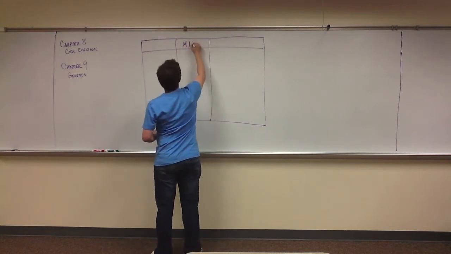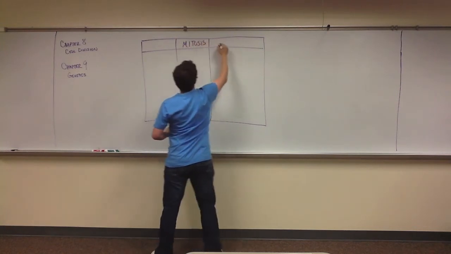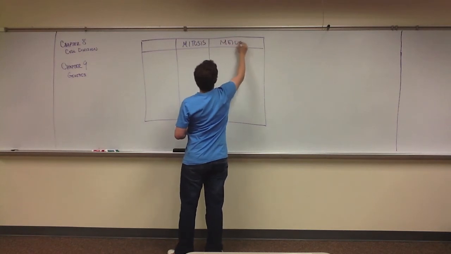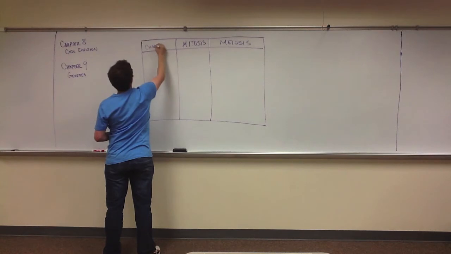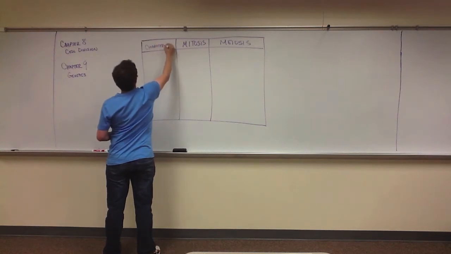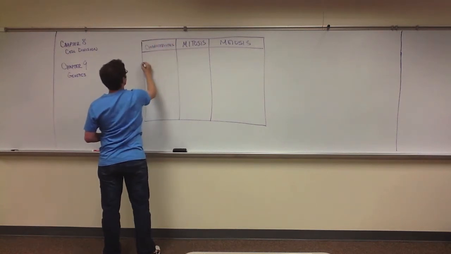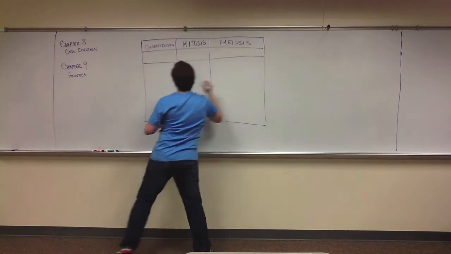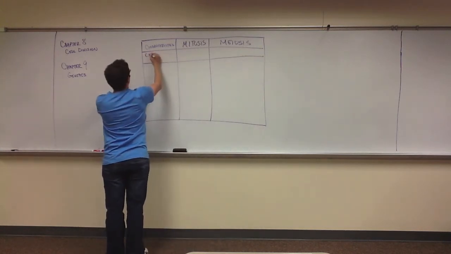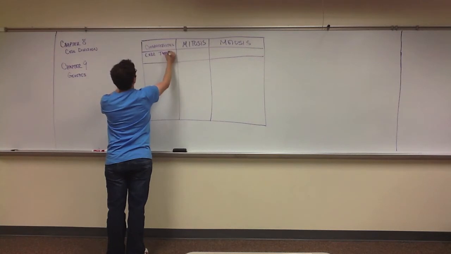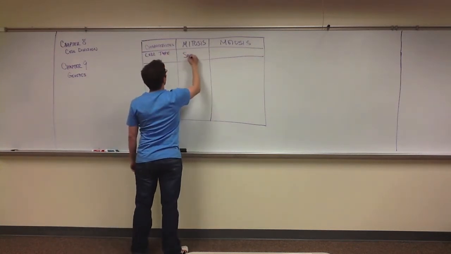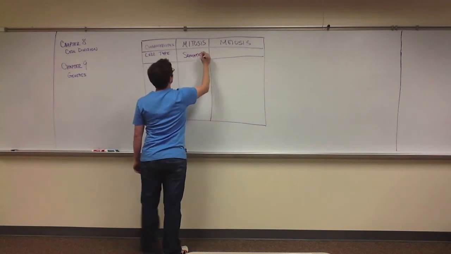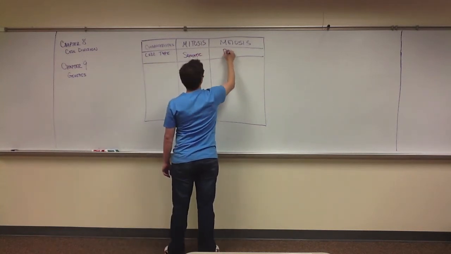We've got mitosis, meiosis, and then characteristics. Our first is the one we've already discussed: the cell type that performs these different forms of division. The cell type for mitosis is somatic cells. For meiosis, it's reproductive cells.